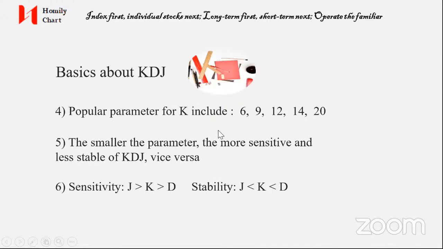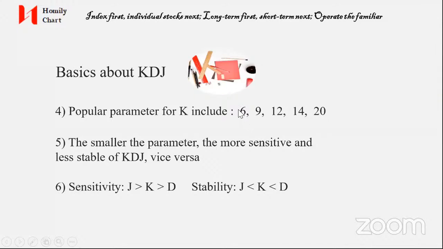Okay, so for KDJ, we have some popular parameters for K, because after checking the equations for how KDJ is calculated, we know that K is the key, right? It's the key because D and J are all calculated based on the value of K. So how we set the parameter for K decides how sensitive the KDJ can be.